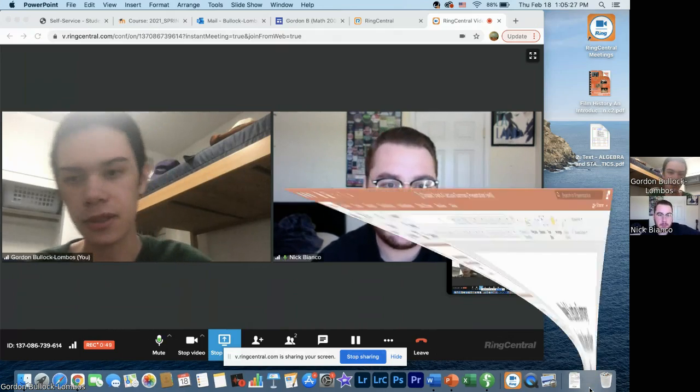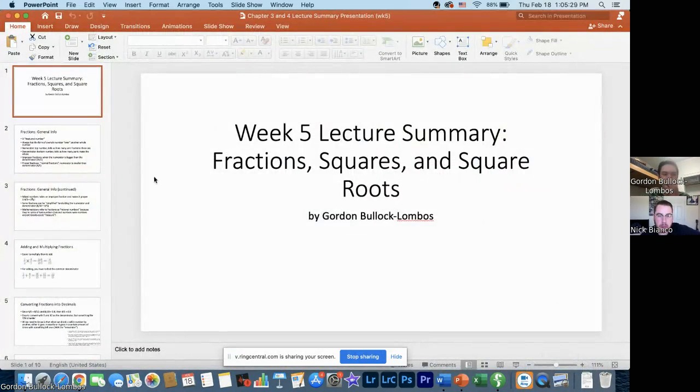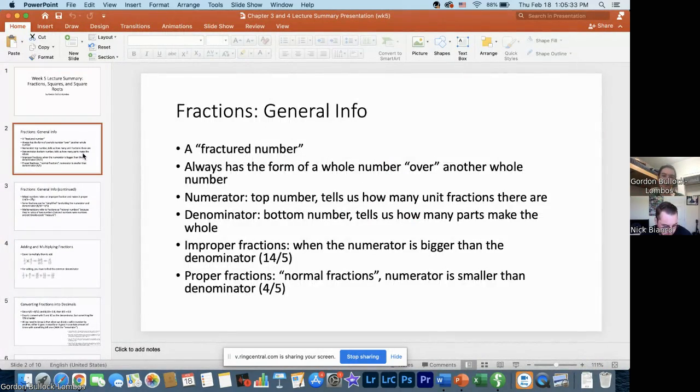But yeah, basically it goes into fractions. A fractional number always has the form of a whole number over another whole number, so any type of fraction. It goes into numerators and denominators, but everybody knows what those are.